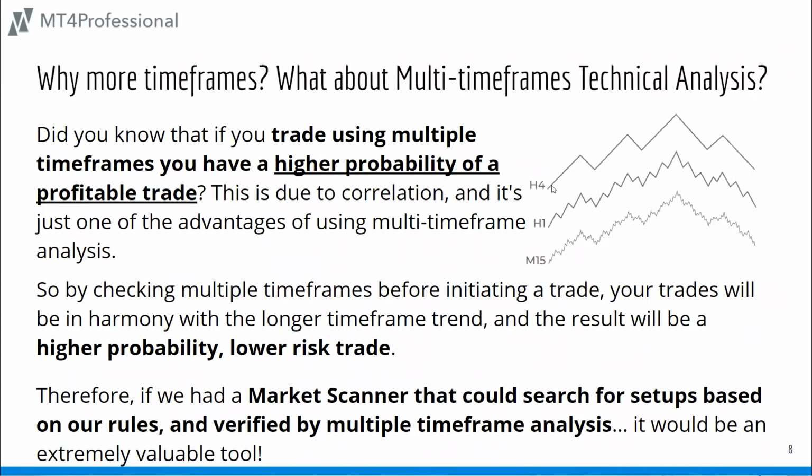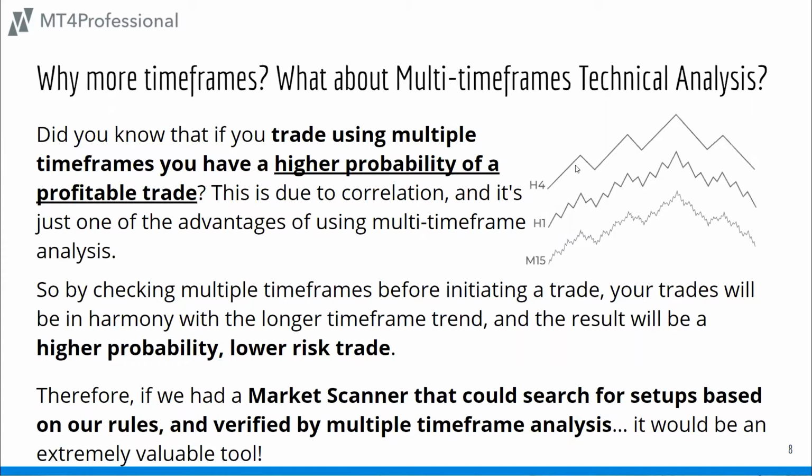So if you're trading against the longer time frame 4-hour chart, you can see the 1 hour is a lot noisier. The 15-minute is even noisier on top of that, but they're all trading in the same direction. So if you're trading in harmony with this longer term time frame, you're going to end up with much better trade results.